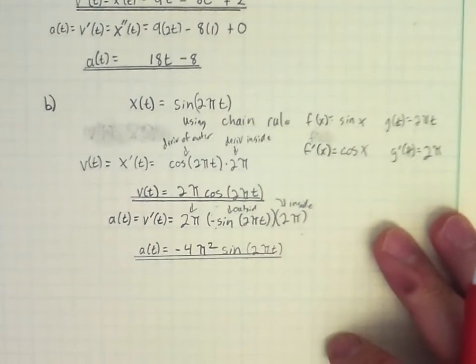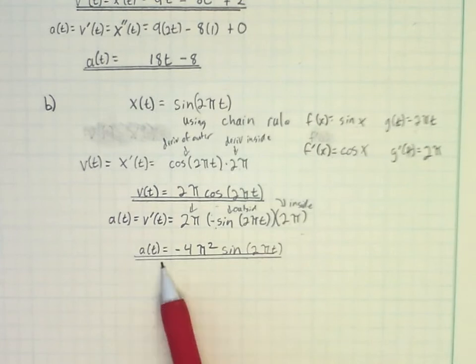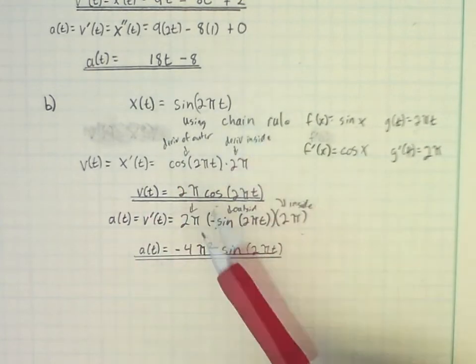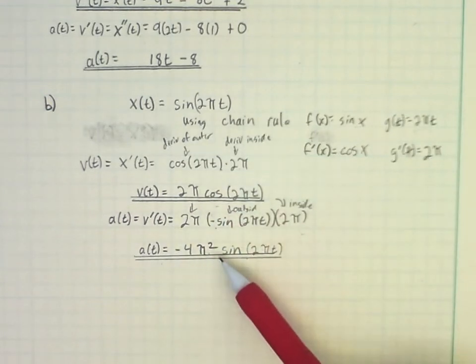So the acceleration, which is again still the same as the second derivative of my position, I actually get negative 4 pi squared times sine 2 pi t.